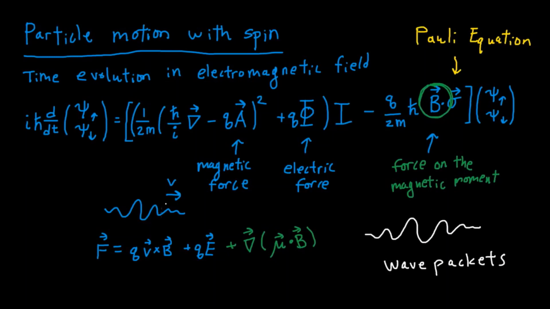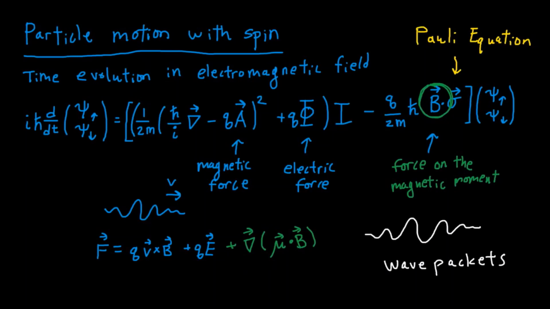I'm assuming that most of you are familiar with the Lorentz force and the regular old electric force. But I think a lot of you don't know too much about this magnetic moment force, the force exerted on a particle when it has a magnetic moment. So for the rest of the video, I'm just going to talk about this classical case so you get some appreciation for this force.